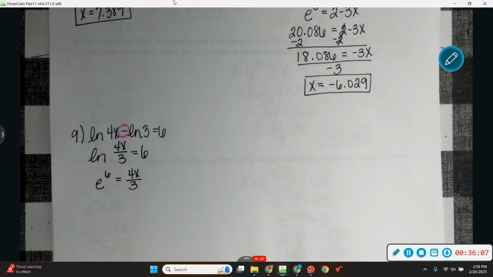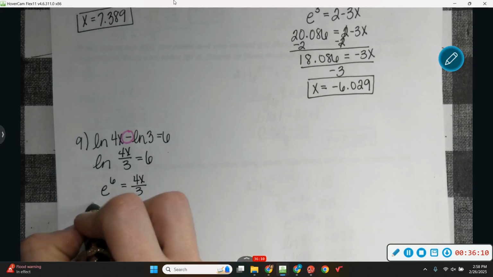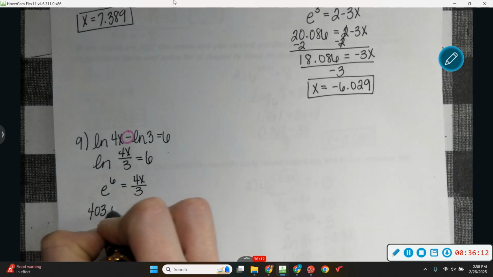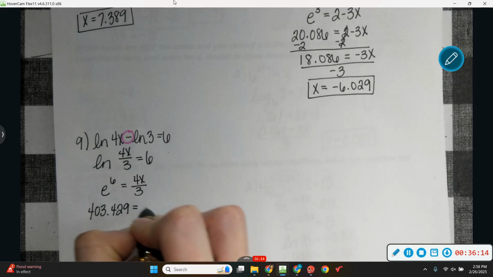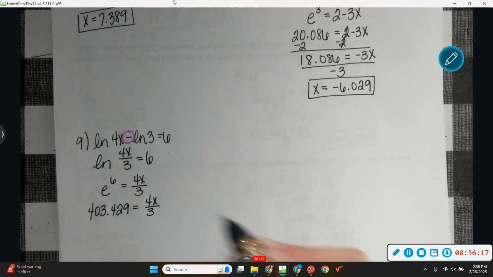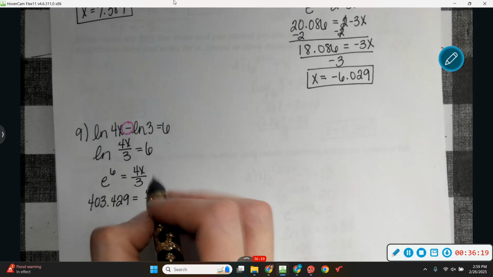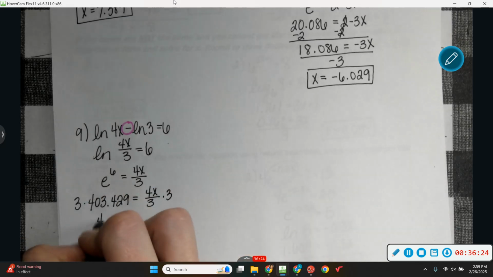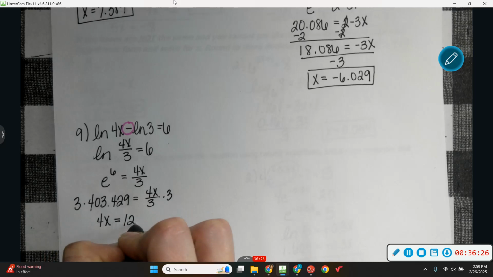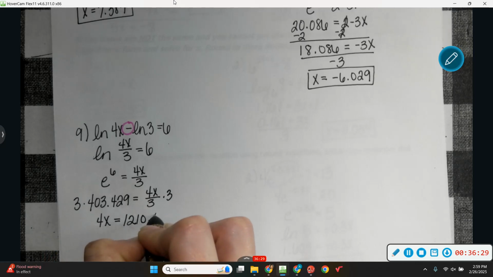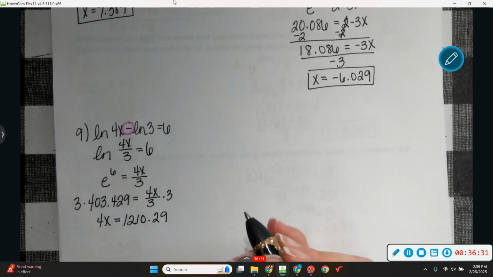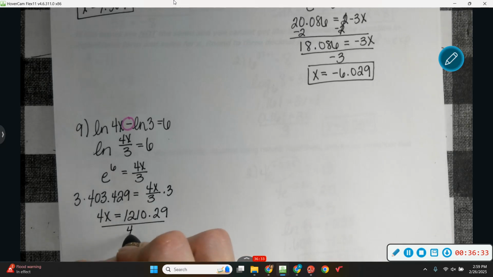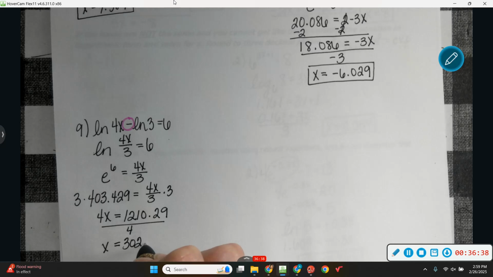Now, e to the 6th power in your calculator is going to give you 403.429. So that is equal to 4x over 3. So to solve for x, I'm going to multiply both sides by 3. And that gives me 4x equals 1,210.29. Divide by 4. And x equals 302.572.